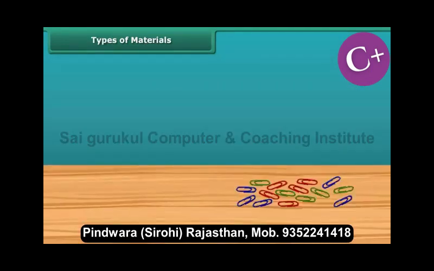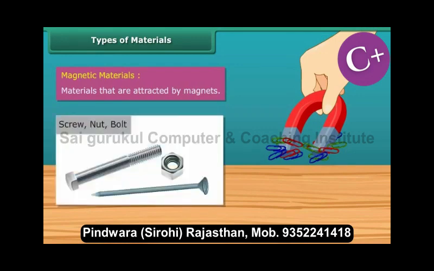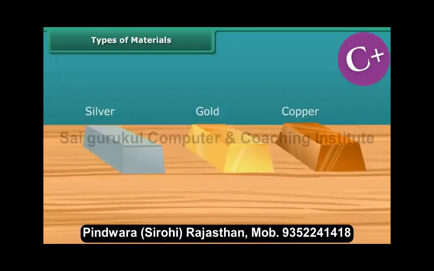Types of materials. Now let us look at the types of materials. Materials that are attracted by magnets are called magnetic materials. For example, screws, nuts, and bolts are magnetic materials. Materials that are not attracted by magnets are called non-magnetic materials.